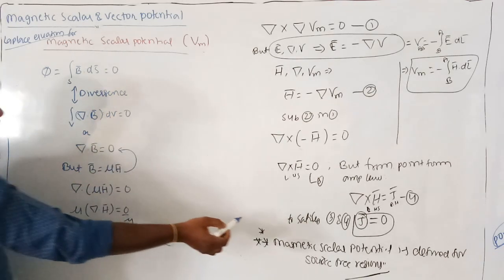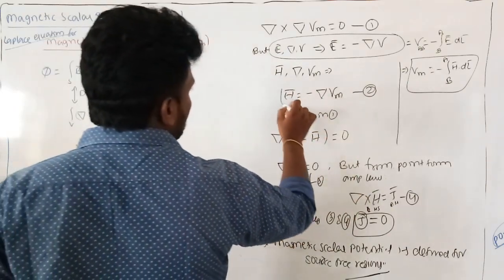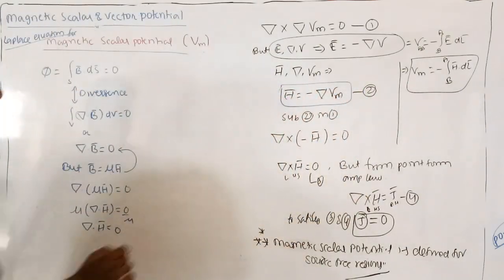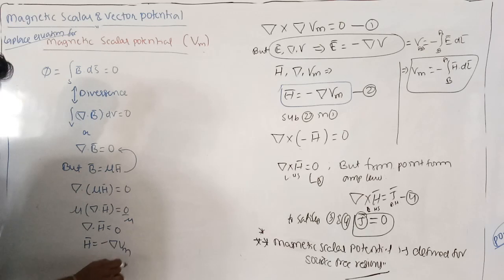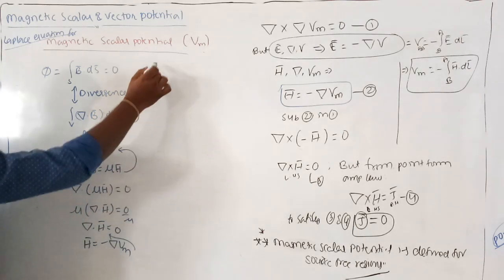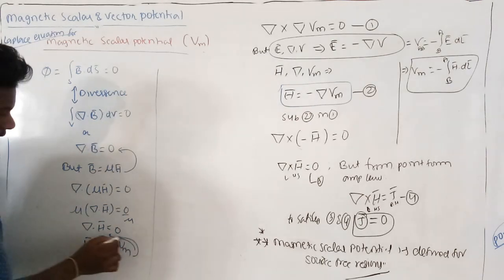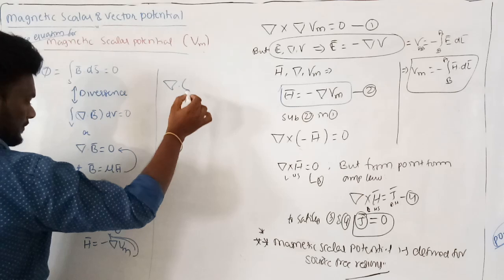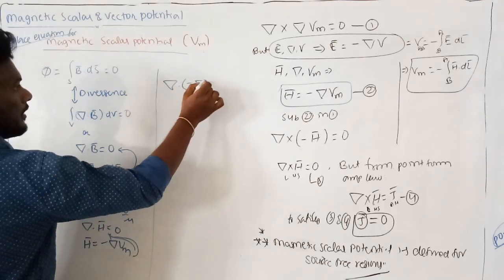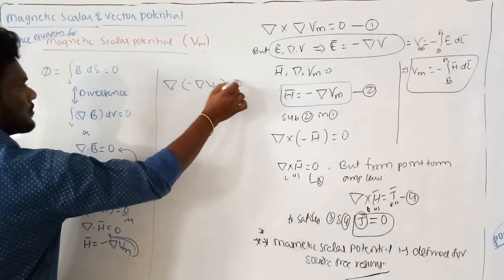But we already know the relation between H bar and magnetic scalar potential from equation 2. So if you substitute it here, in place of H bar it is minus del of Vm, so del dot del Vm equals 0.